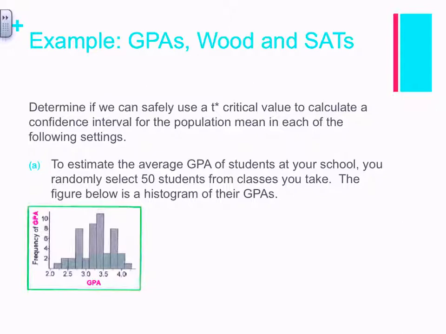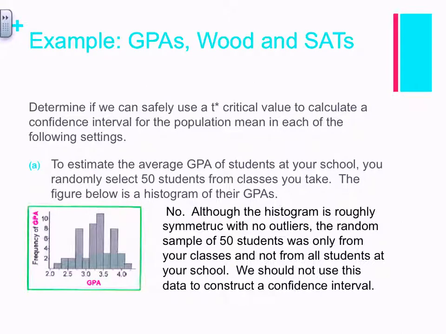As far as the distribution is concerned, it is symmetric, but the primary problem is within the sample. So we should not use a t critical value here. Although the histogram is roughly symmetric with no outliers, the random sample of 50 students was only from your class and not from all students at your school. We should not use this data to construct a confidence interval. So perhaps a random sample, but not from the correct population.